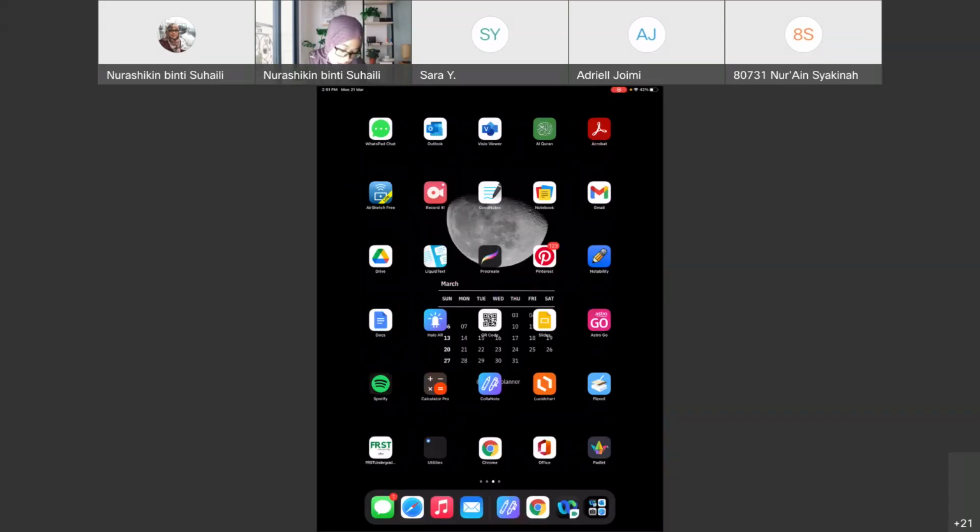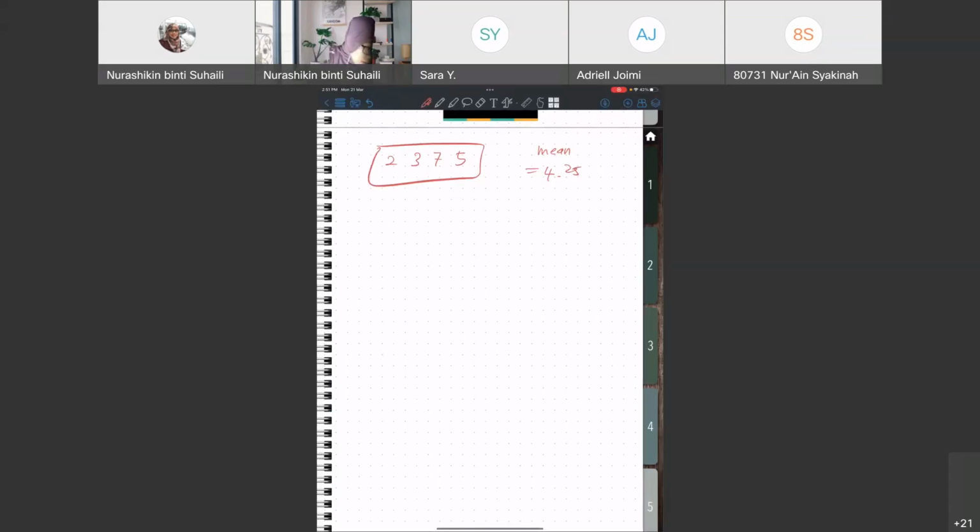So if you have these values, for each of them you take 2 minus 4.25, and then you square this value.